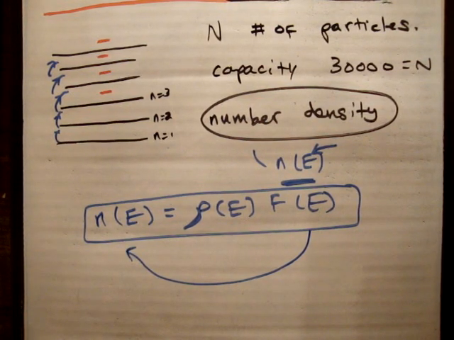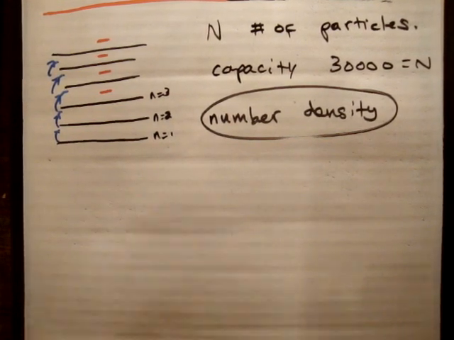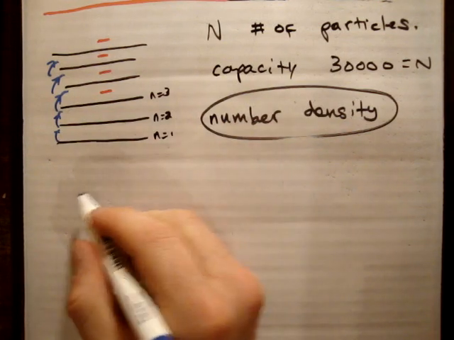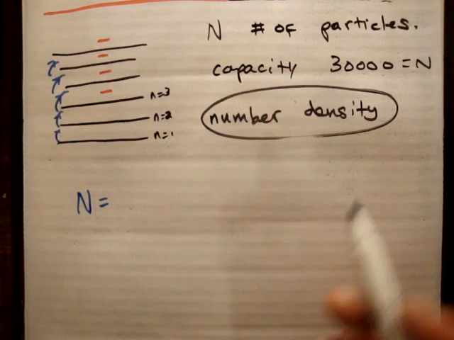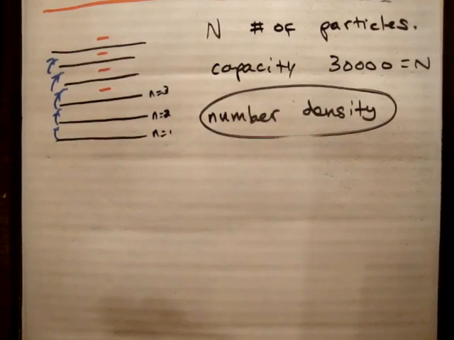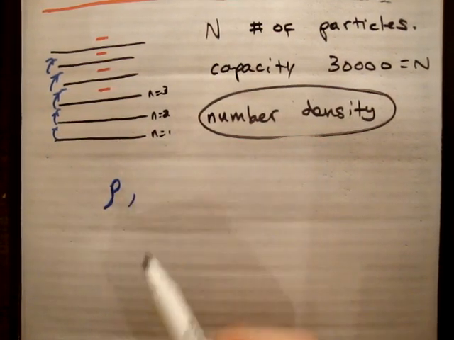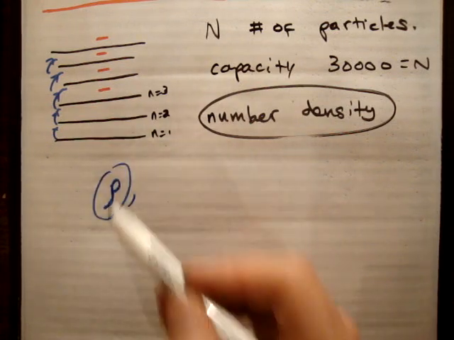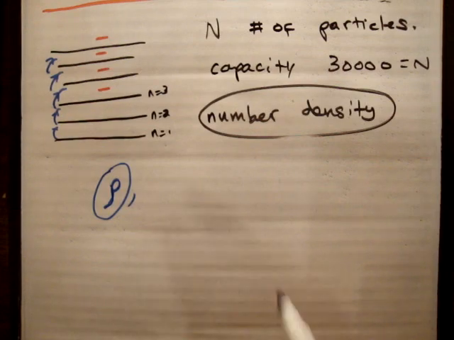Alright? Next, how do I get the total number of particles? If I know the number density, how would I get the total number of particles? Think about it. If you know the density of anything, how about this? If you wanted to get the mass of something, and all you knew was the density, how would you get the mass?